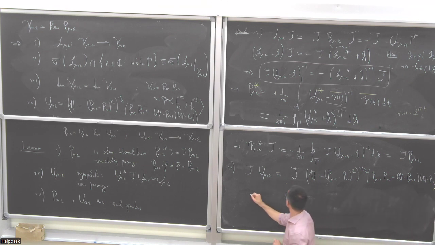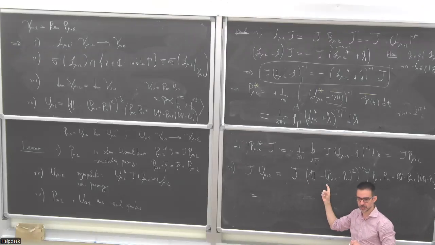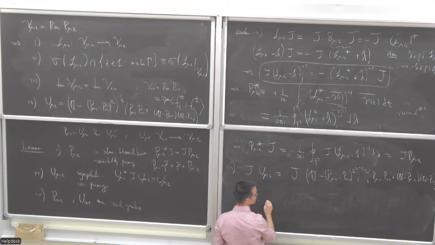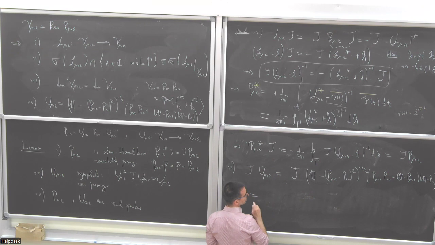And now what happens? Now I use this identity, which tells me that every time that I commute J with the projectors, I need to switch the projectors with their adjoints. So let me do it. Every time you need to take the adjoint.